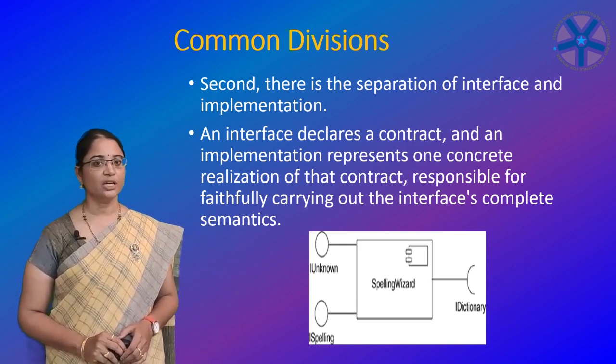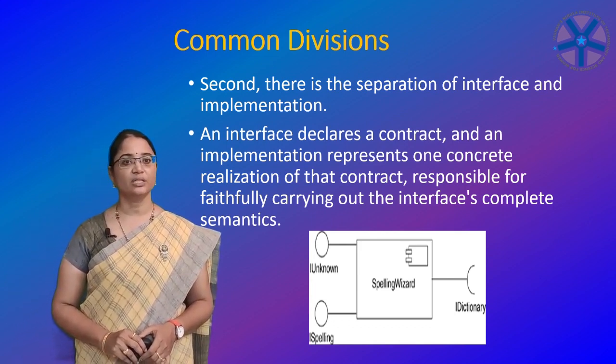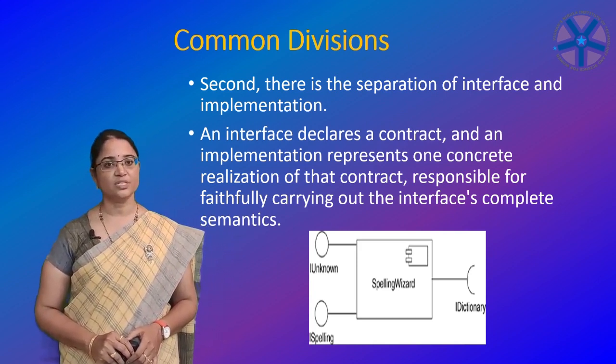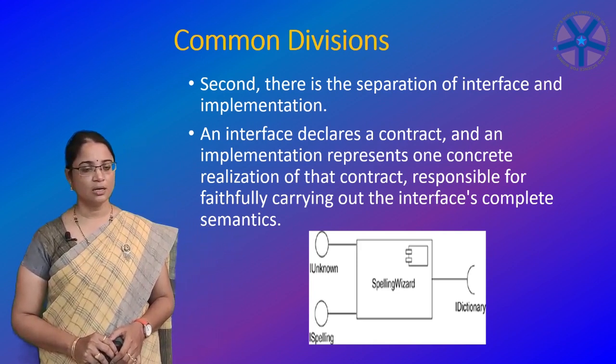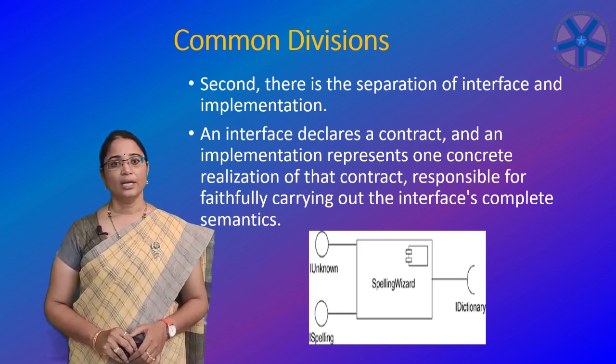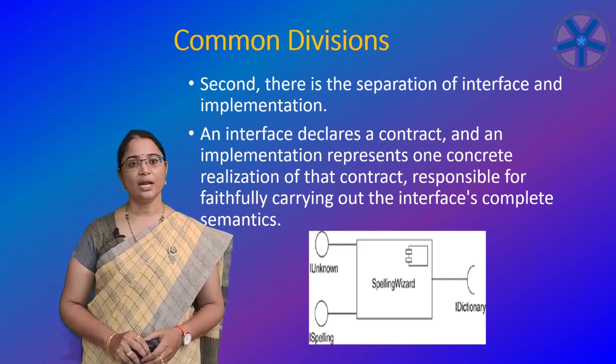Here, in the figure, there is one component, represented with the name spellingwizard.dll. That .dll indicates the component, and I indicates the interface, and it provides two interfaces, I Unknown and I Spelling.